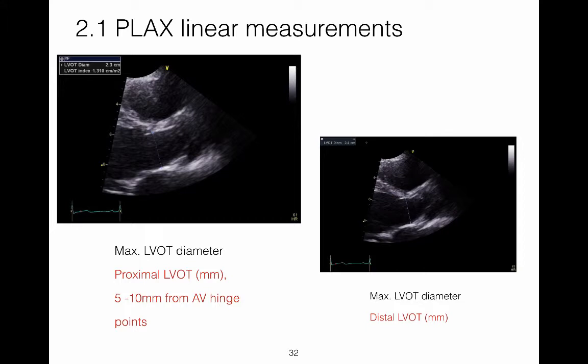The proximal measurement is made 5 to 10 millimeters from the aortic valve leaflet hinge points. To make the measurement, the maximal left ventricular outflow tract diameter in mid-systole is identified, then measured from the white to black interface of the septum to the anterior mitral valve leaflet, parallel to the plane of the aortic valve.